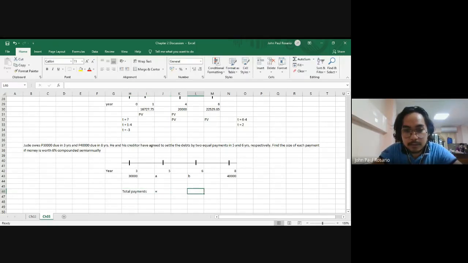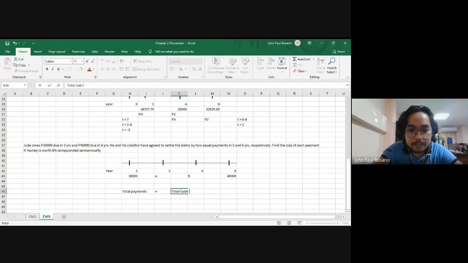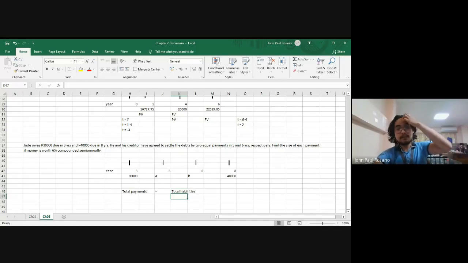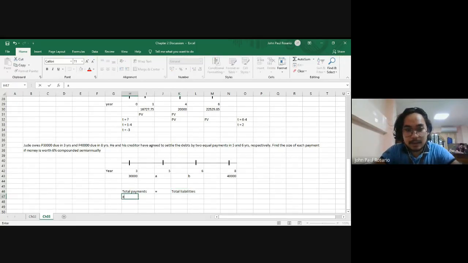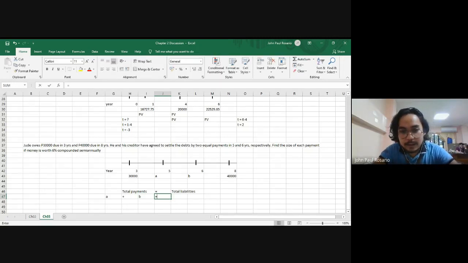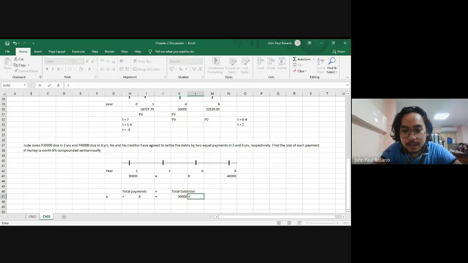For total payments, we have A plus B, while for total liabilities, we have 30,000 plus 40,000.